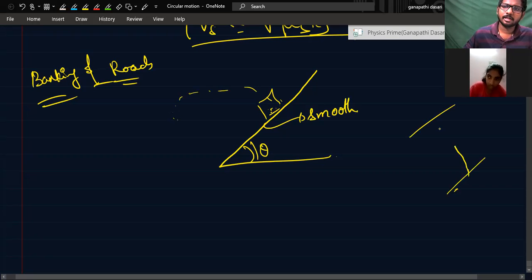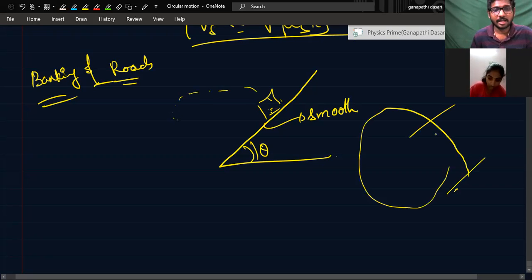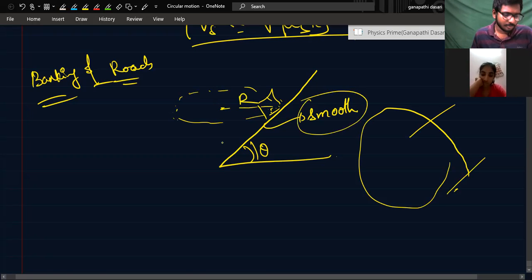It is like turning like a circle, okay? It looks like turning like a circle. I draw this circle here. The radius of curvature is r. Now, this is smooth. This is a car of mass m. Then you need to find out what is that safe speed. Yes, safe speed.